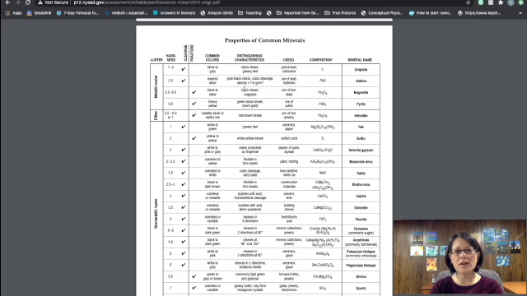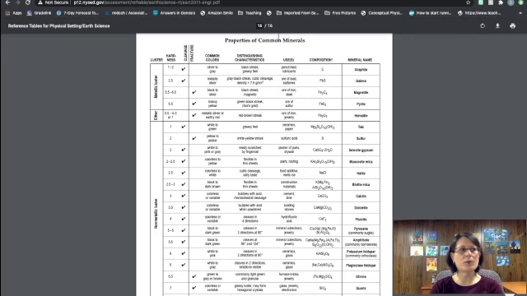So this is where it will go into depth about the cleavage. It will talk about the streak, and special characteristics actually that we'll talk about next time also might be in that category. And then over here, the mineral name. So we will be using this resource in your reference tables along with page 30 in your book.